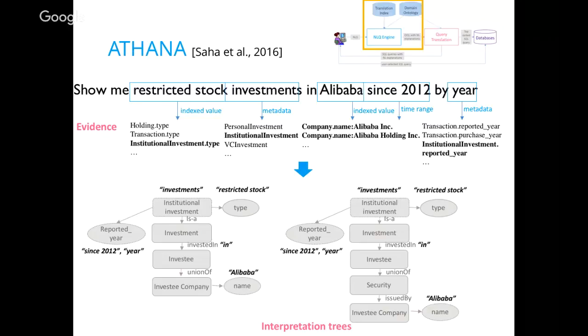We identify institutional investment as a type of investment where the investee is an investee company, or in the other tree, it could be a security where the security is issued by the invested company. So in the ontology, there are multiple paths to join the investee and the investee company together. That's why we have two different interpretation path trees.